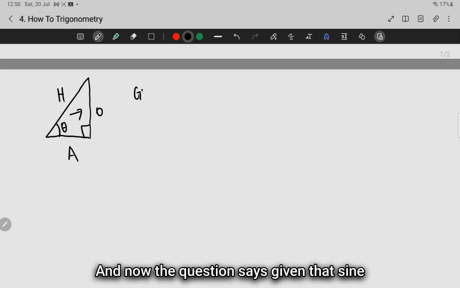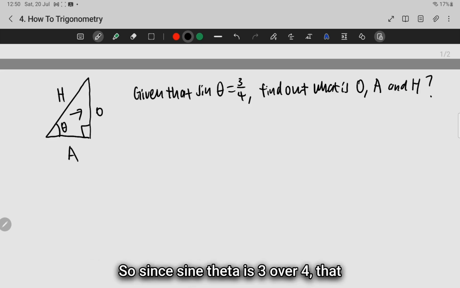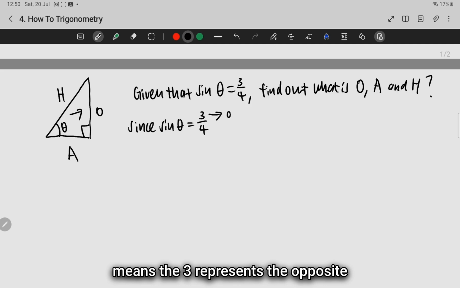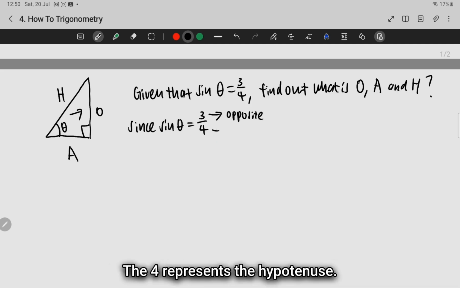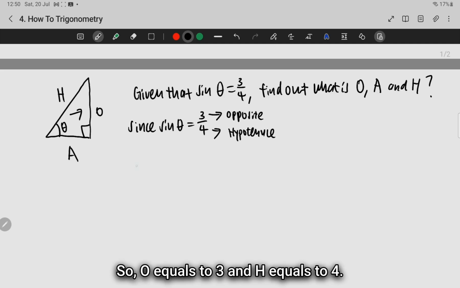And now the question says, given that sine theta is 3 over 4, find out what is O, A, and H. So since sine theta is 3 over 4, that means the 3 represents the opposite, the 4 represents the hypotenuse. So O equals 3 and H equals 4.